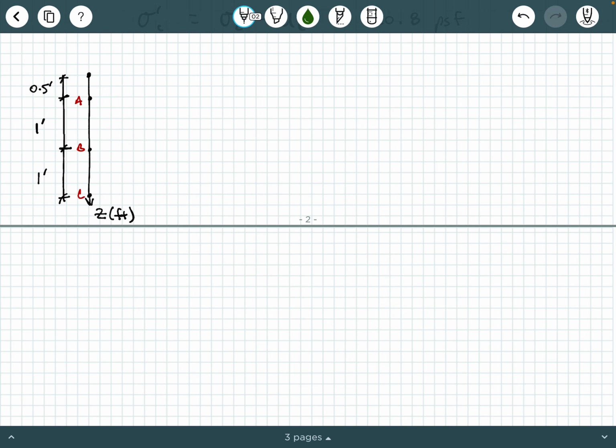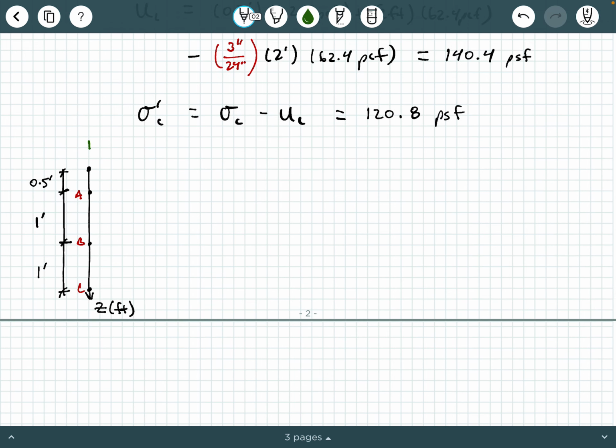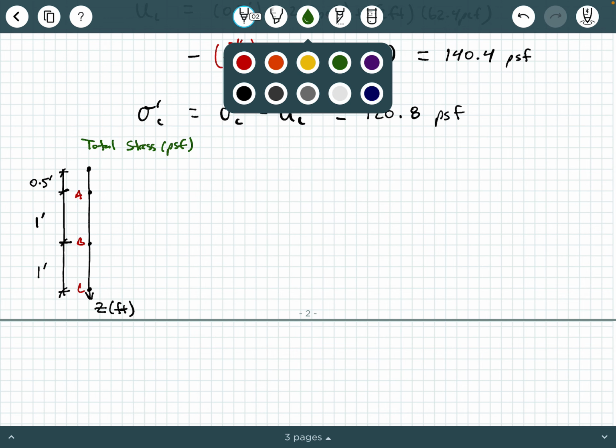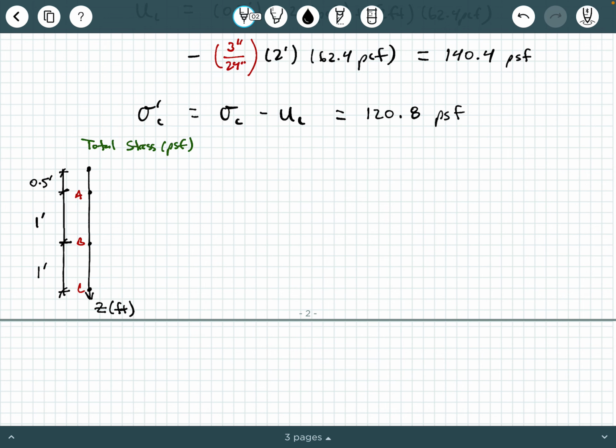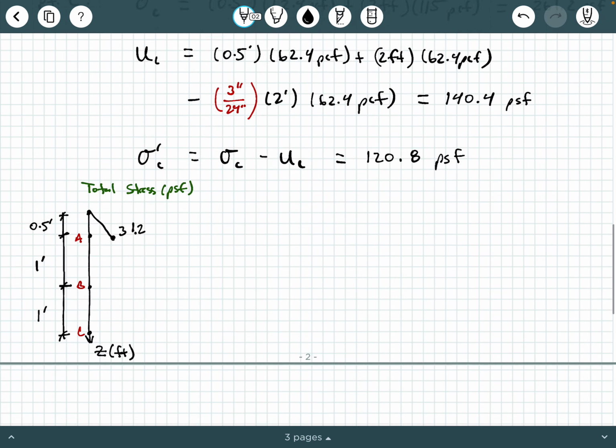And I'm going to call this first plot the total stress plot, and of course that has units of PSF. And we can go ahead and plot this out. Now on a homework assignment, you want to do your best to draw this to scale. So I'm not going to be the most artistic right now, but you want this to scale.